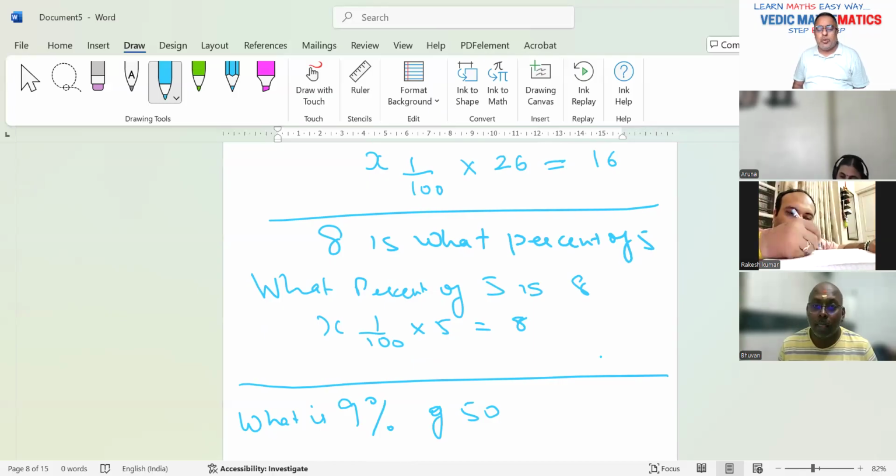How did you do it? 9 by 100 into 50, sir. Yes, 4.5 only. X is equal to 9 by 100 into 50. Now it is clear. Yes, Aruna?